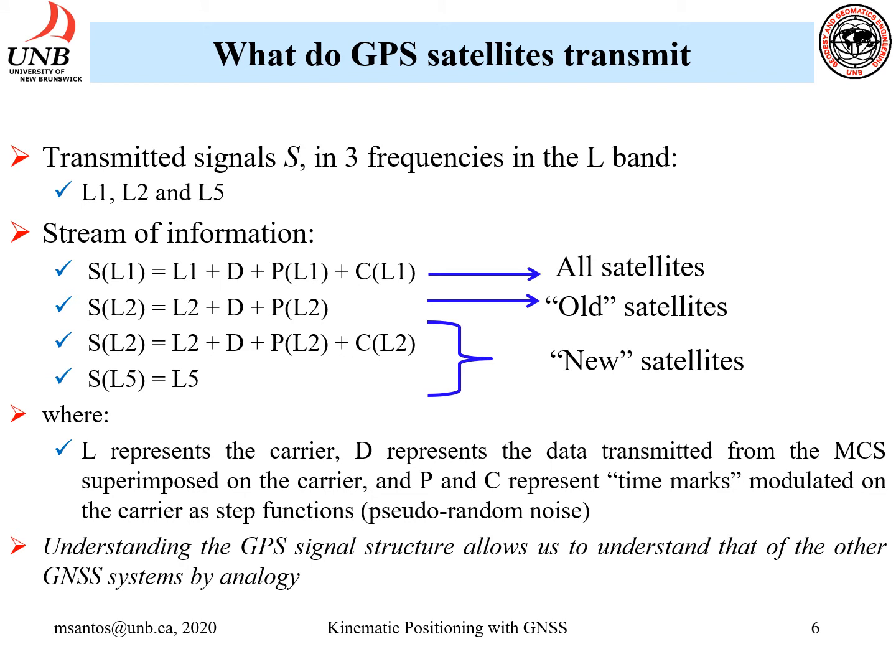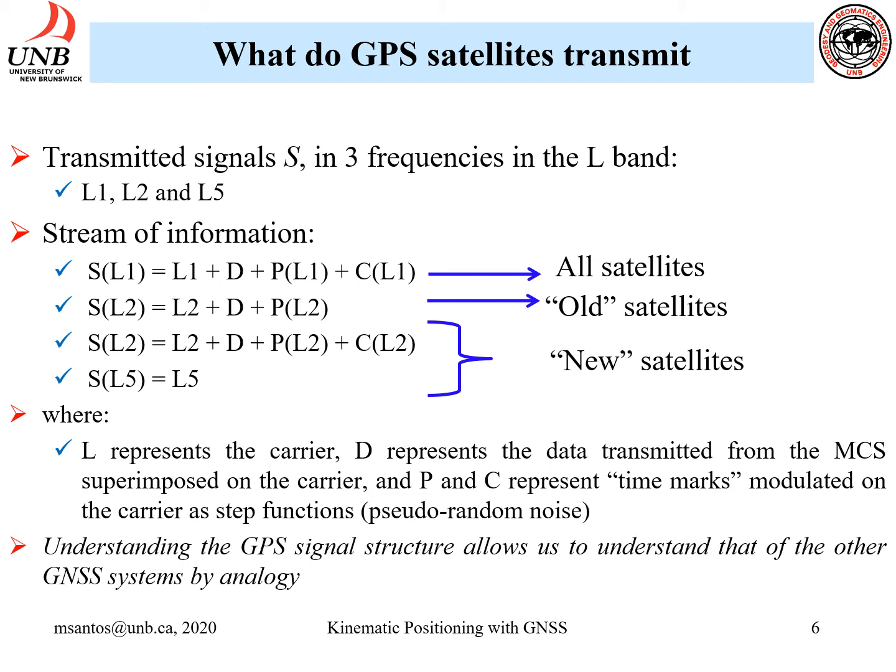So signal L2 is very similar to that of signal L1: the carrier, data, P code, and C code. And there is even a newer generation that transmits a third signal, L5.